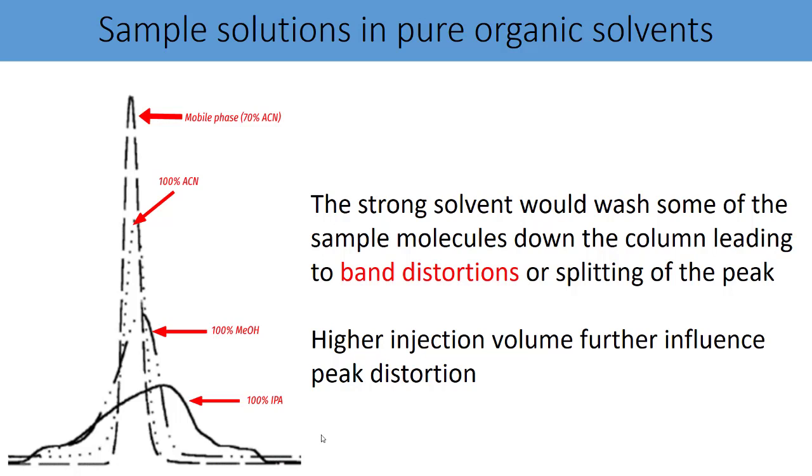The distortion of peak shape will also depend on the injection volume. The higher the injection volume, the higher the distortion in the peak shape. So this proves that the peak shape gets distorted because of the use of a stronger solvent or pure organic solvent.